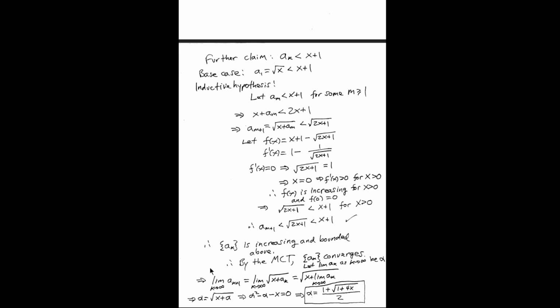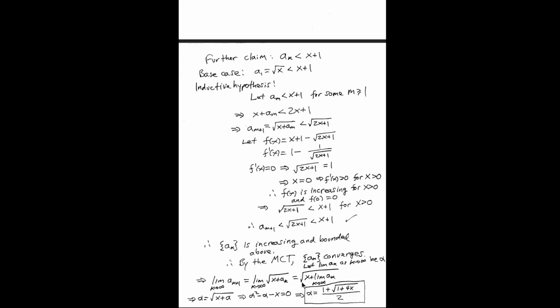So we can say that the limit as k approaches infinity of a sub k plus 1 must equal the limit as k approaches infinity of the square root of x plus ak. Remember, we found that right off the bat here, taking limits on both ends. Well, we can take that limit on the inside, since the square root is a continuous function.